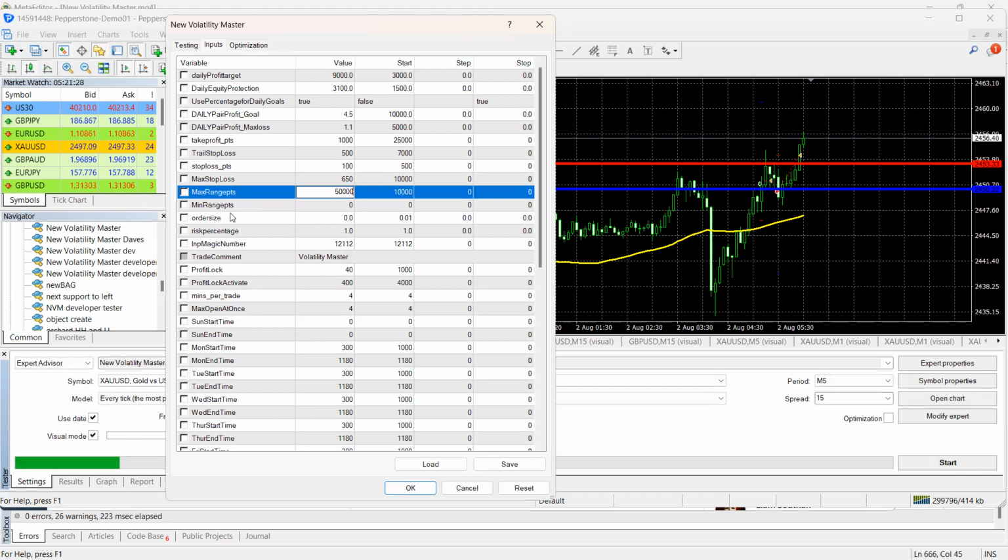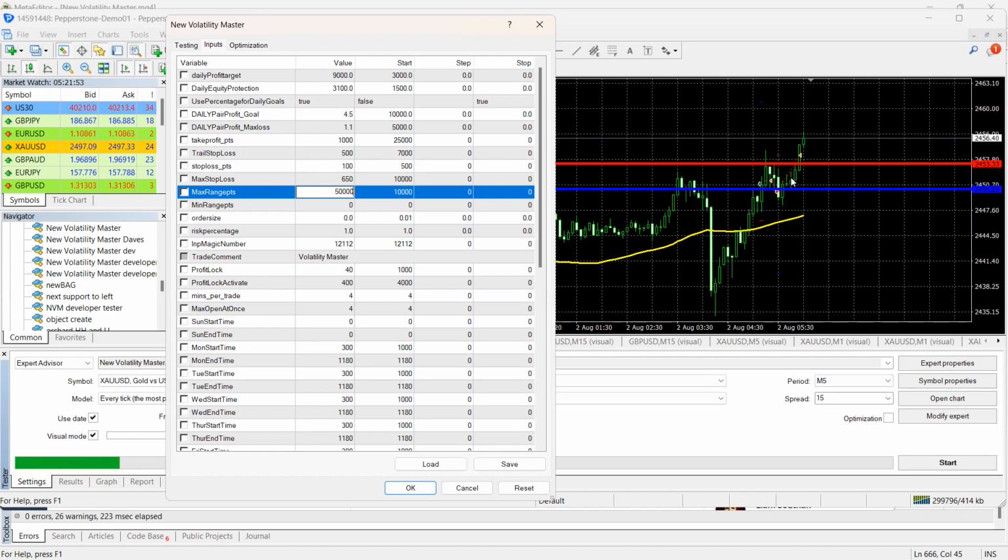And I've also got a minimum range in points. I haven't really played with this yet, but there's a couple of uses that I have in mind for it. One, if the market has barely moved for a long time, the range may be really, really tiny, meaning the market barely has to move one way and it would hit your stop loss.